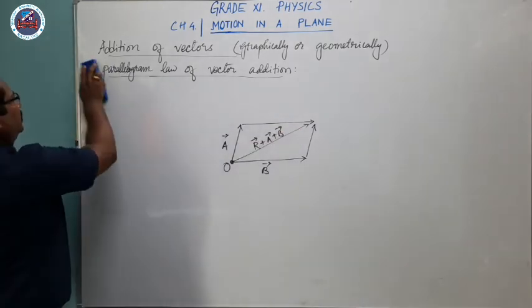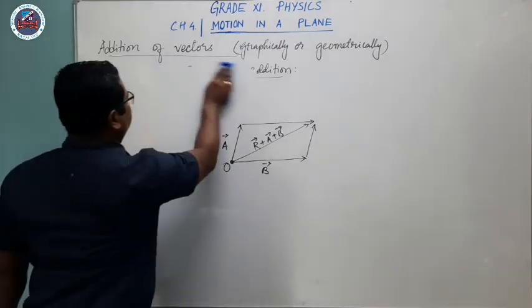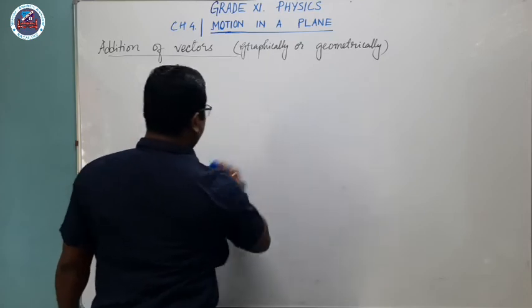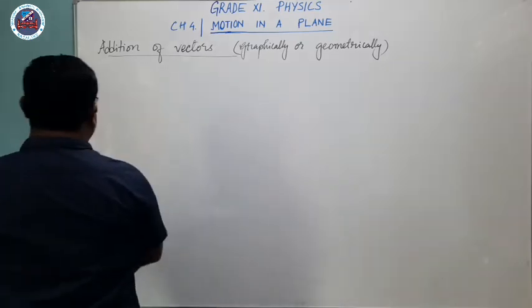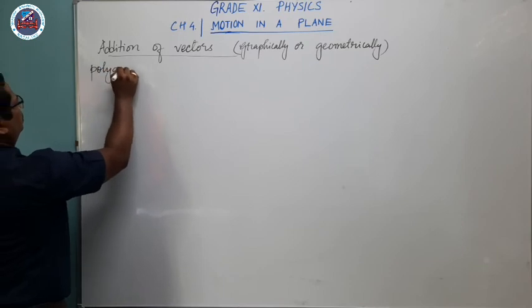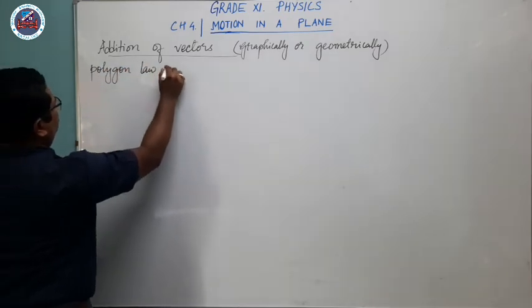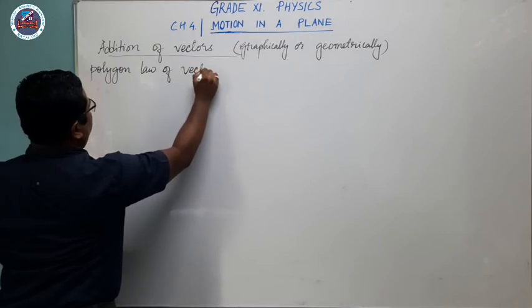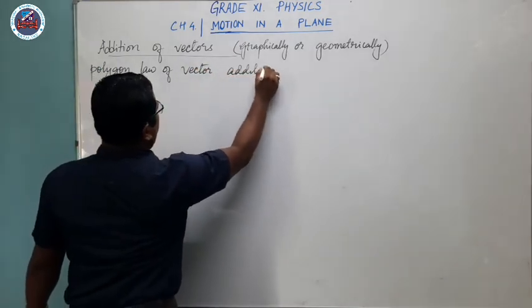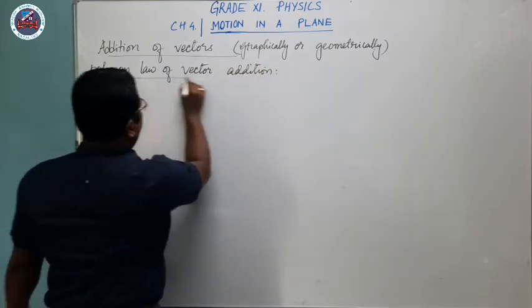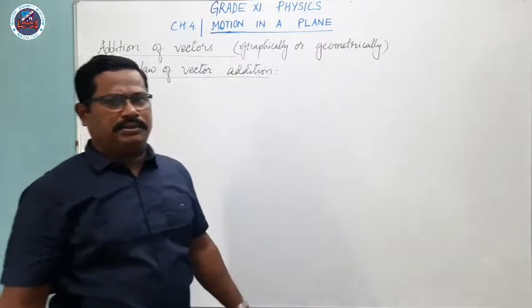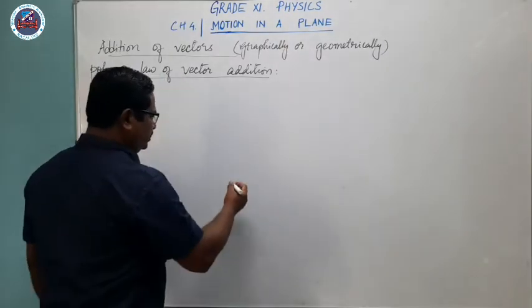Then the third one that we will learn is the polygon law of vector addition. Polygon, when you say, has many sides, 3, 4, 5, 6 sides.